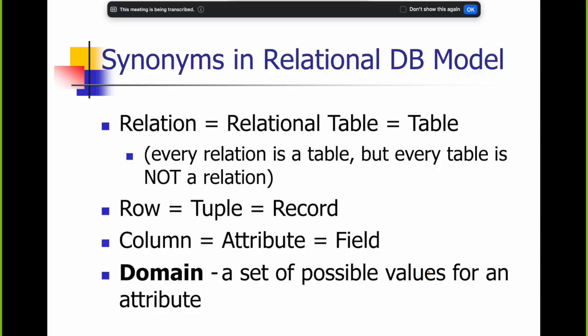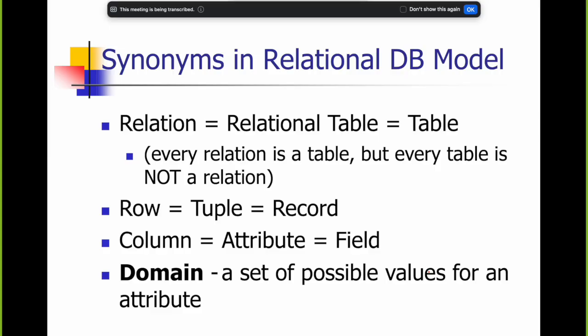Now about synonyms in this slide, when I say relational table and table, they all refer to the same thing. The only thing that you have to consider is that every relation is a table, but every table is not a relation. And what do we mean by that?